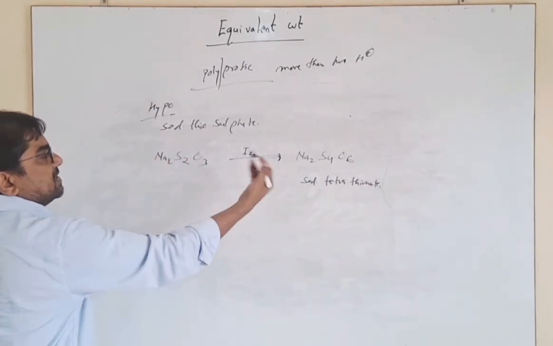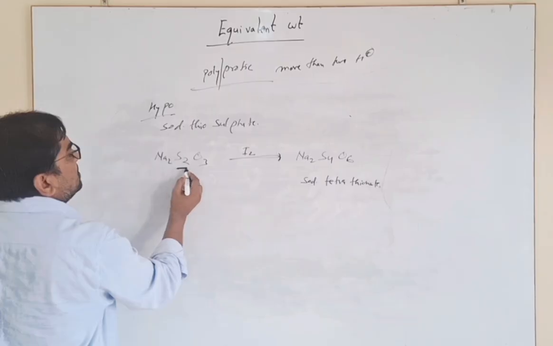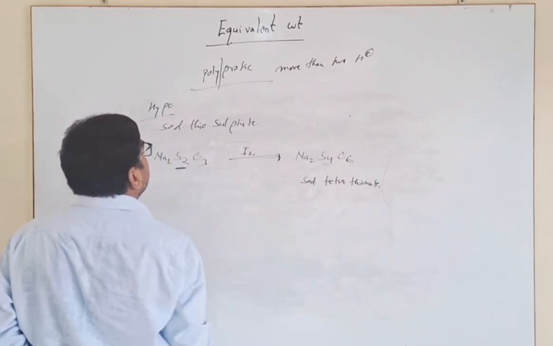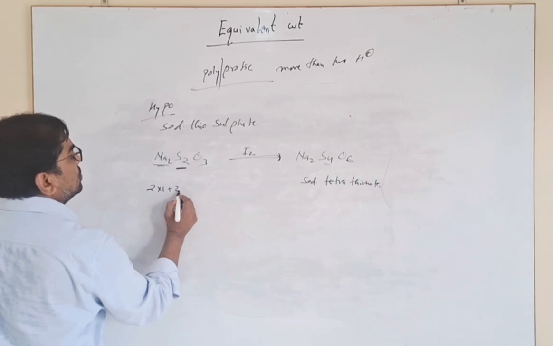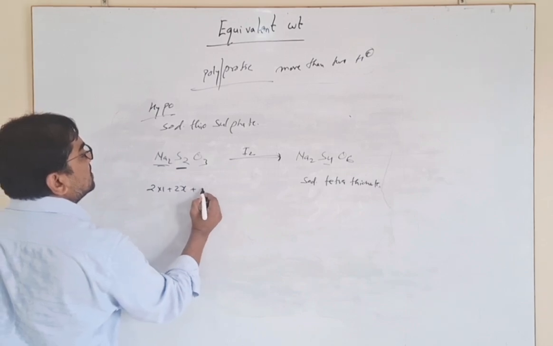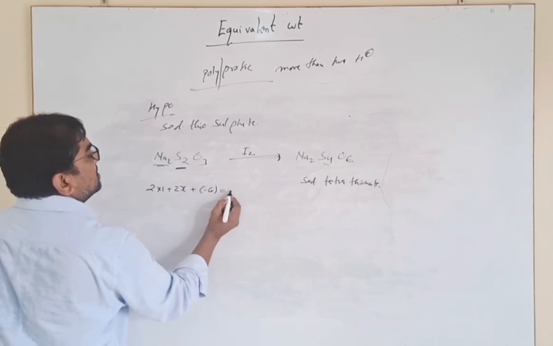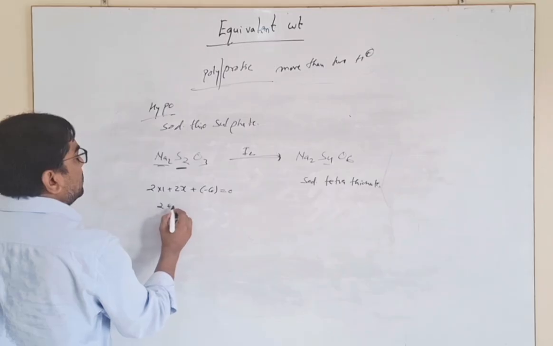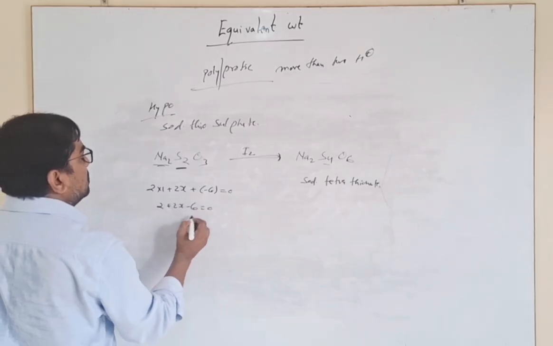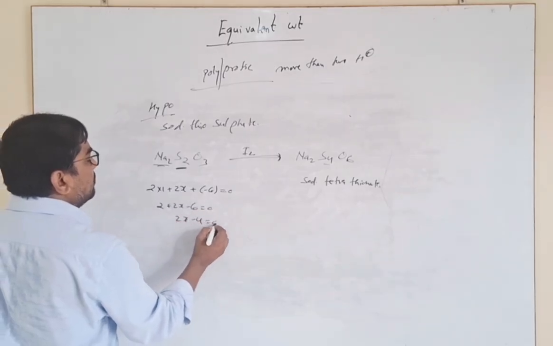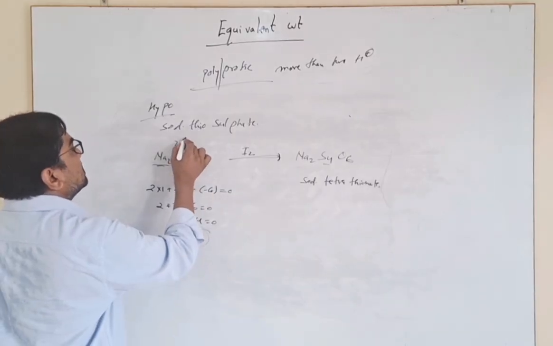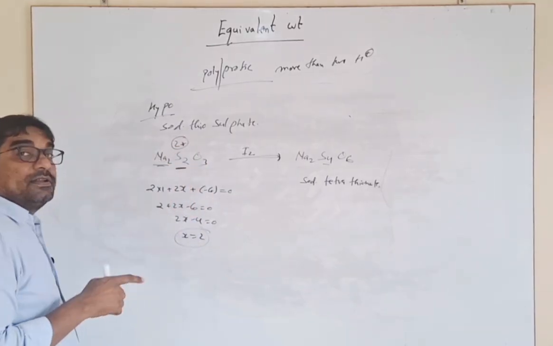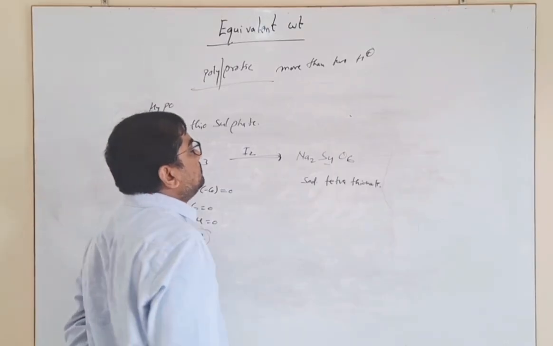So what is the change in the oxidation state of sulfur? Here Na plus, so 2 into 1 plus 2x plus within bracket minus 6 equal to 0. So 2 plus 2x minus 6 equal to 0. 2x minus 4 equal to 0. So x equal to 2. Here 2 plus is the oxidation number per sulfur.